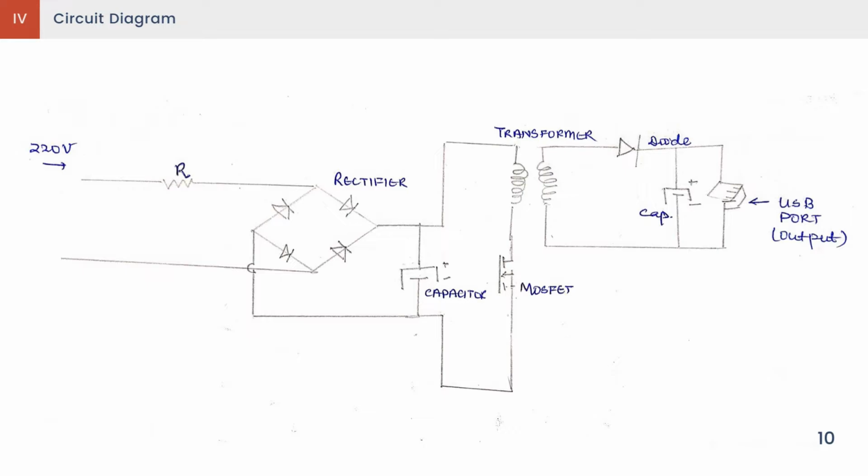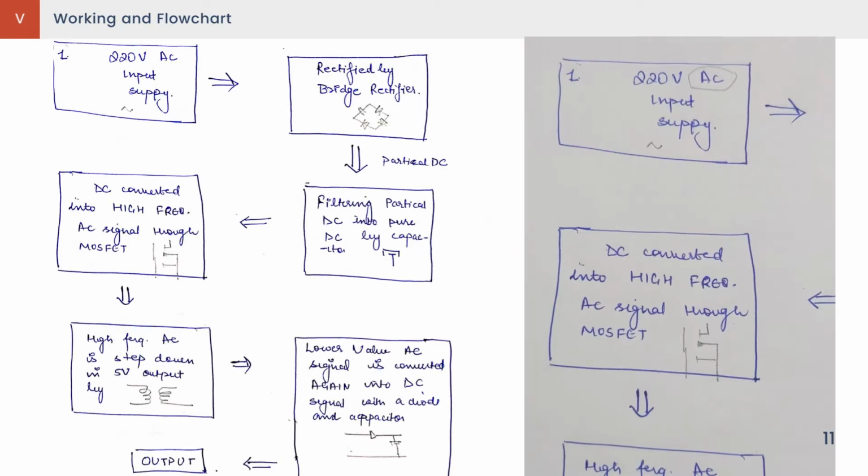After this, the pure DC current goes through the MOSFET, which converts it into a high frequency AC signal. This high frequency AC signal then goes to the transformer, which steps it down to a 5 volt output. After this, the current goes through a set of diode and capacitor, which converts it back into a DC current, and then it goes to the USB port, which is the output of the circuit.